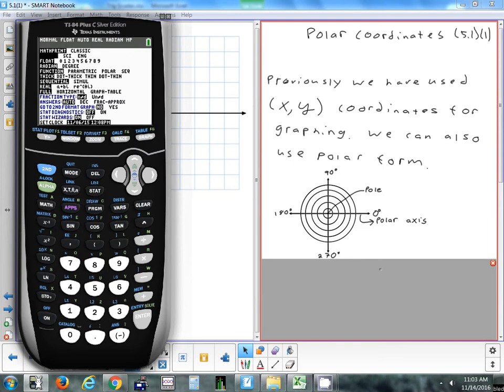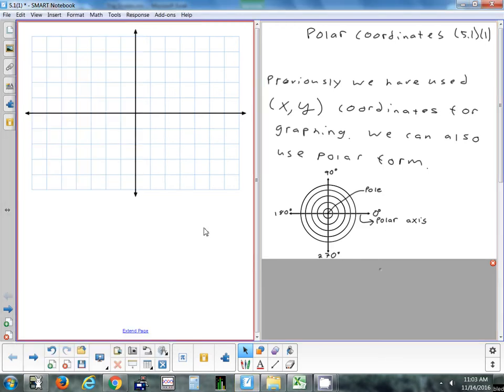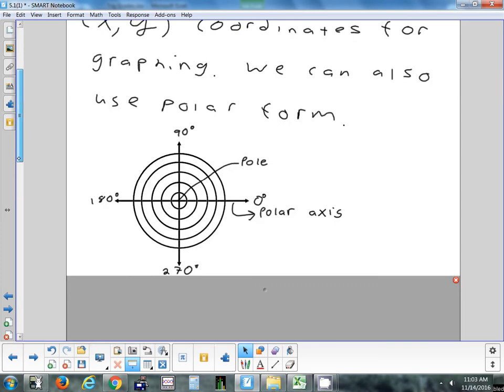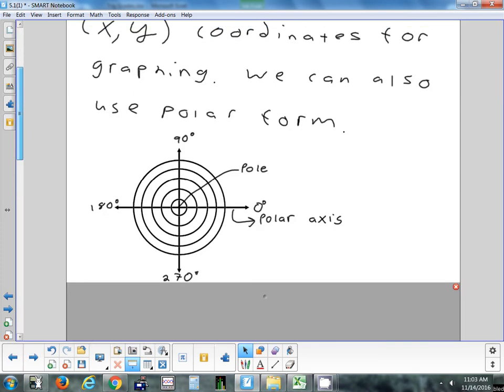And if we have time, I'll sketch a circle using a Cartesian equation, and then I'll sketch a circle using a polar equation, and just show you how much easier polar is. Today I'm not expecting you to know how to sketch a circle on the calculator. I purely just want to show you how much easier polar is for some things.